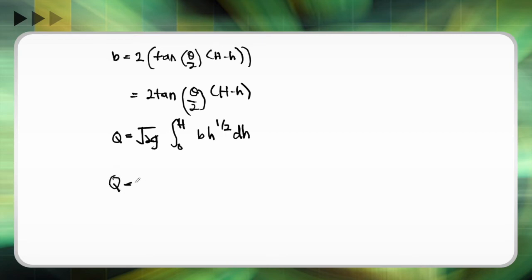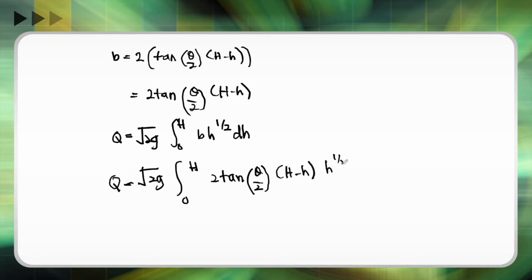So we will get square root of 2g, from 0 to h, b is 2 tan theta over 2, h minus h, h to the 1 over 2, dh.